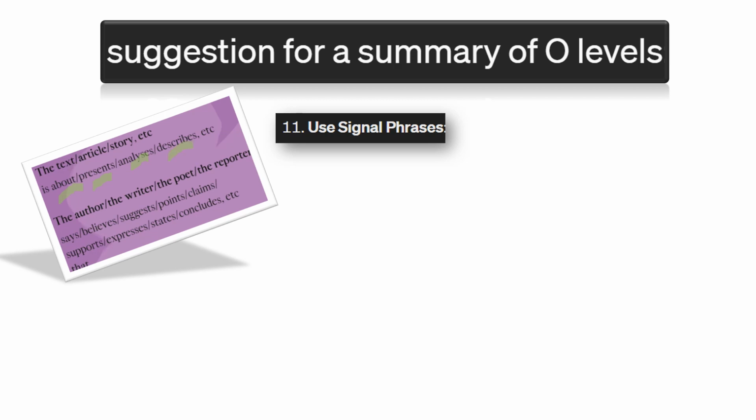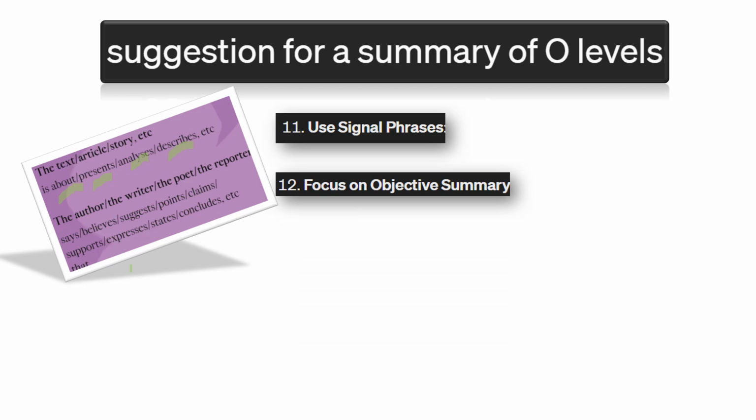Or you may use: the author says, the author believes, the author suggests, the author points out, or the author supports the idea expressed here. Such signal phrases can be very helpful to bring your ideas together.